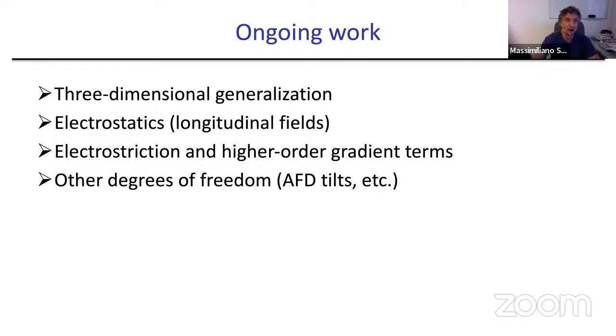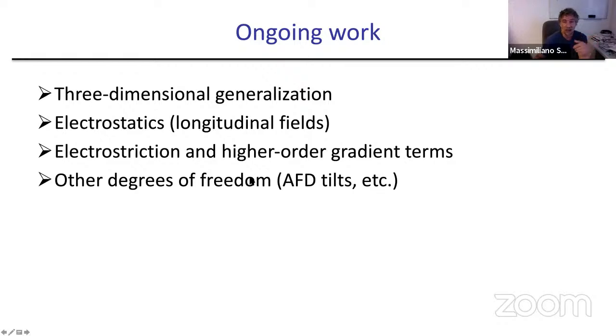We are doing a lot of ongoing work to make it more complete and more physically interesting for realistic structures. Of course, we need to generalize it to 3 dimensions. We need to consider electrostatics, longitudinal fields. We need to add other contributions to the strain, most notably electrorestriction.